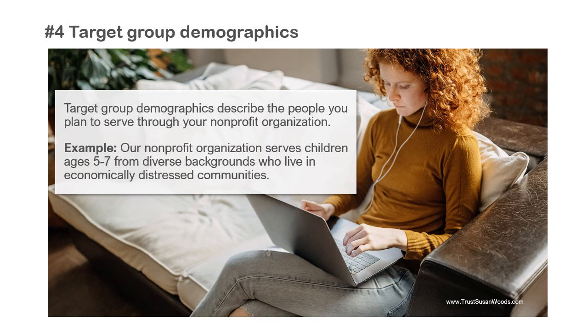When people say we want to serve everybody, that is unrealistic and you will not get the grant funding you deserve when you are that broad. When you are writing your program description, you have to be as concrete and as clear as you possibly can be.